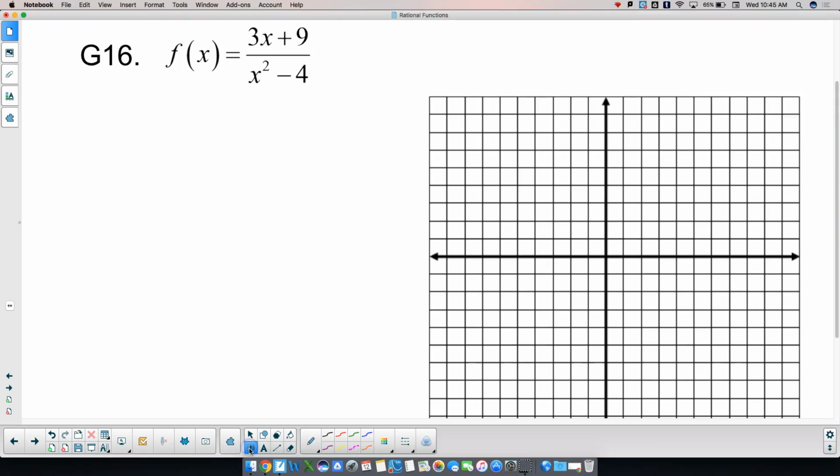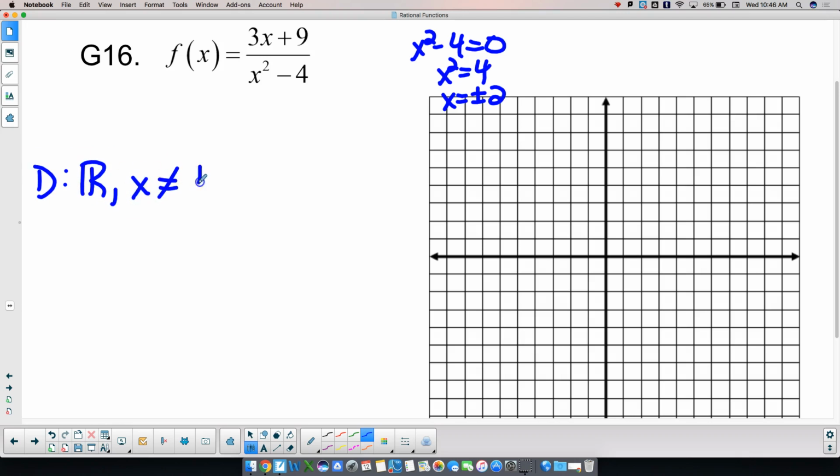So, step number 1 says I go x squared minus 4 equals 0. X squared equals 4. X equals plus or minus 2. So I have a domain here of all real numbers, but x cannot be plus or minus 2. Out of the top, I can factor out a 3.